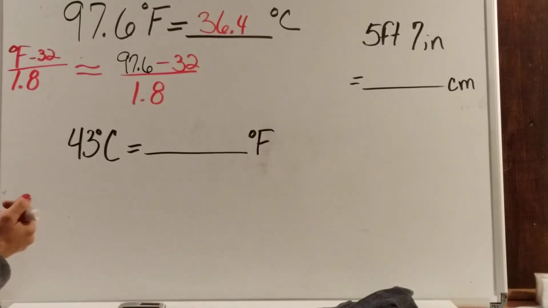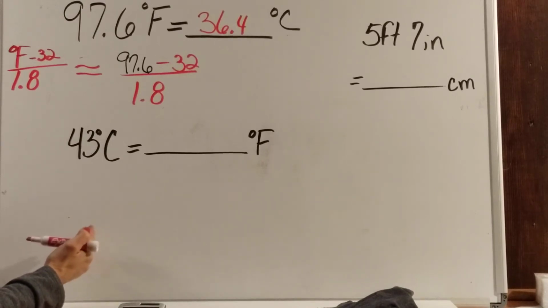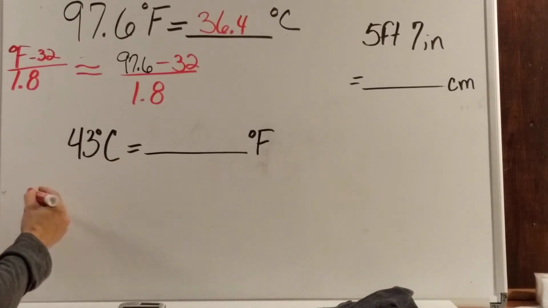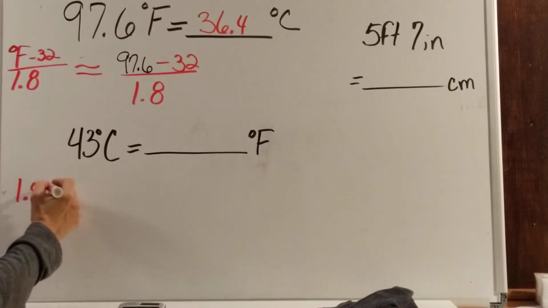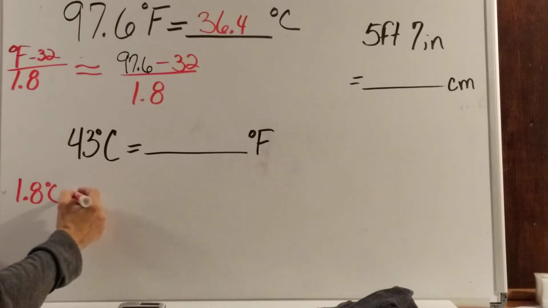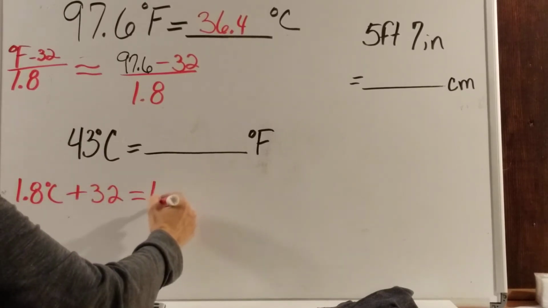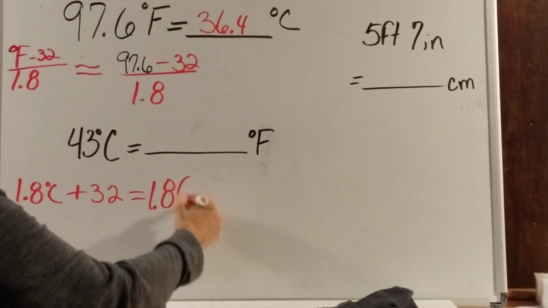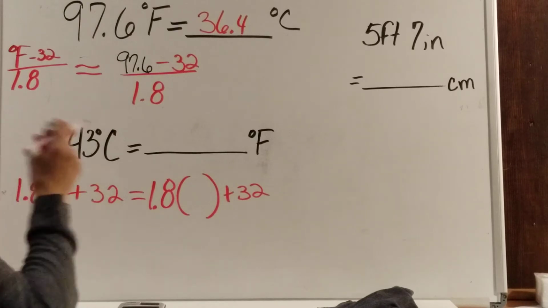Now, in this next one, I want to find out what is 43 degrees Celsius in Fahrenheit. Well, the Fahrenheit formula is 1.8 times degrees Celsius plus 32. So that tells me in the place of degrees Celsius, we are going to plug in 43.